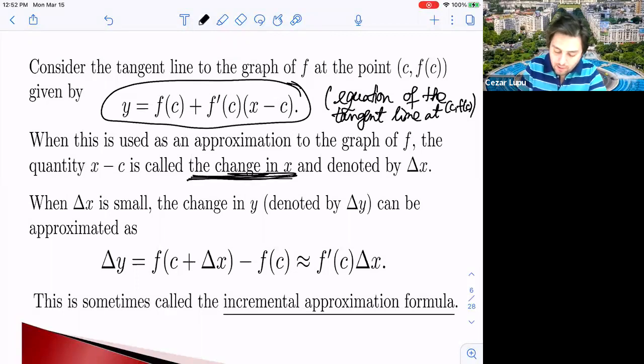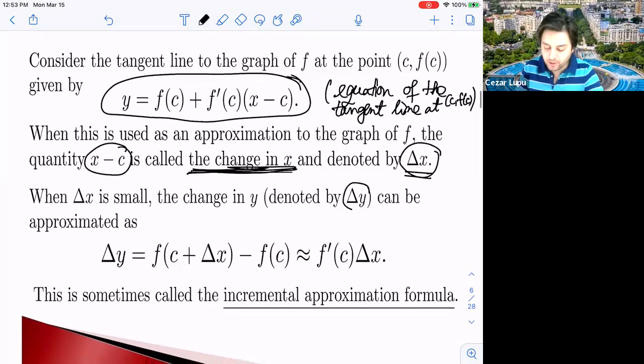Let's denote this by delta x. And also, when delta x is small, the change in y, which will be denoted by delta y, can be approximated in this way. Delta y will be nothing else than just f of c plus delta x minus f of c, which is approximately f prime of c times delta x.